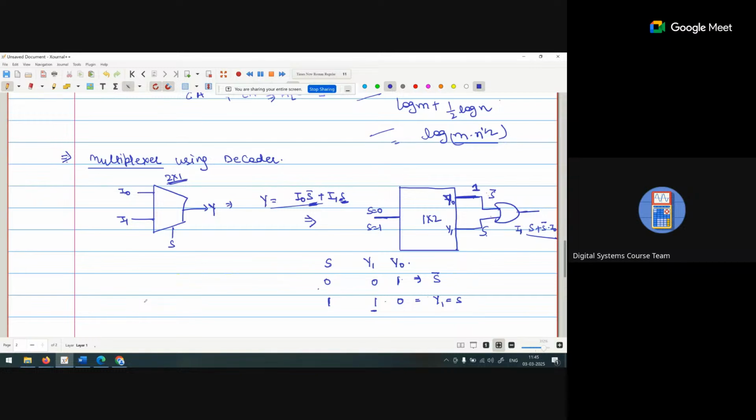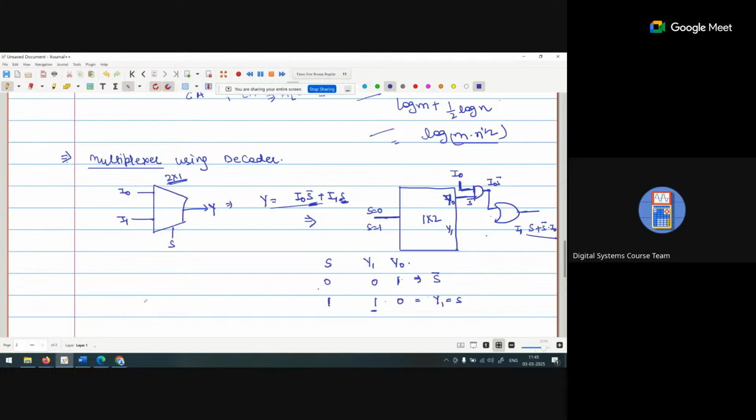So what should I do? This is the S bar. I just AND S bar with the input I0, so we are getting I0 S bar.